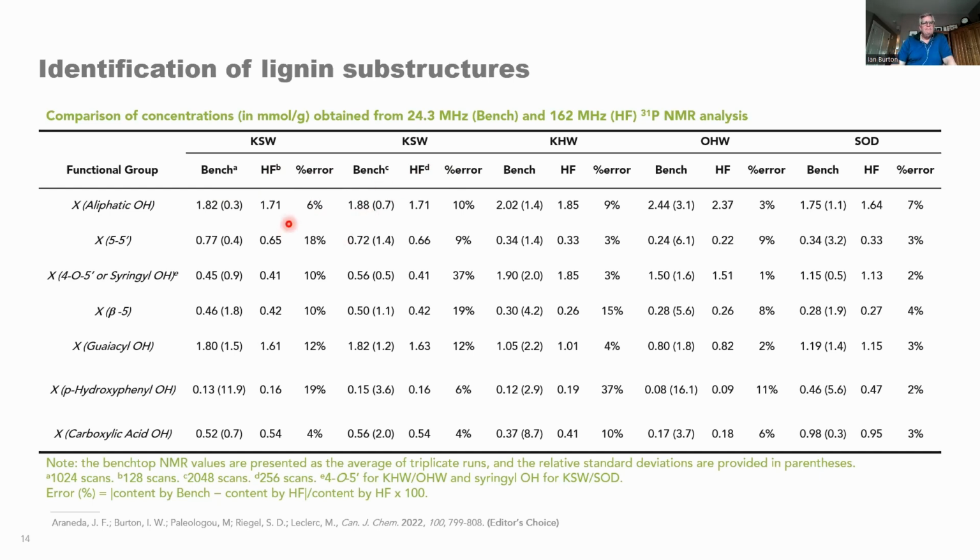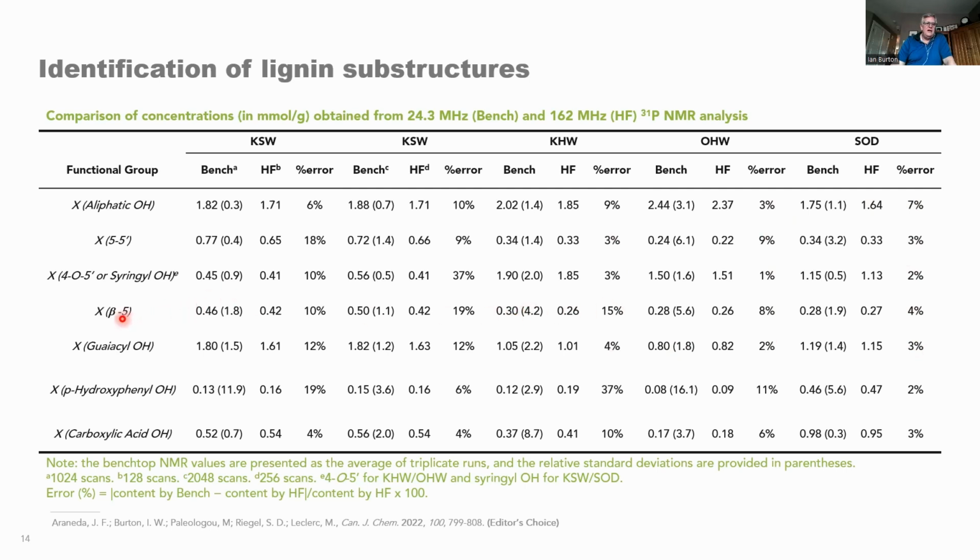But in comparison of high field to low field, in most cases, especially when you have good signal to noise in your integral regions, you get fairly good agreement between the high field and low field. It's when you get into the low amounts.